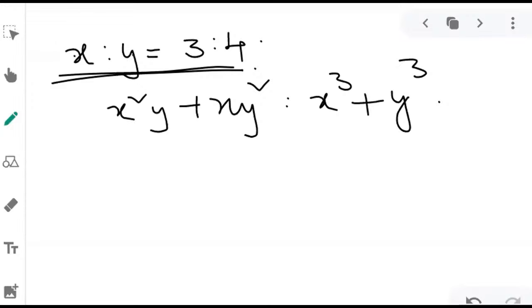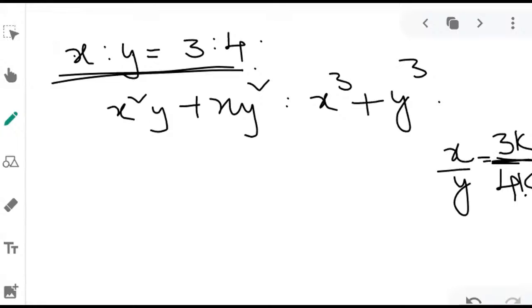So x by y equals 3 by 4. So we can take them as 3k and 4k, right? Assume the values as 3k and 4k and substitute here.